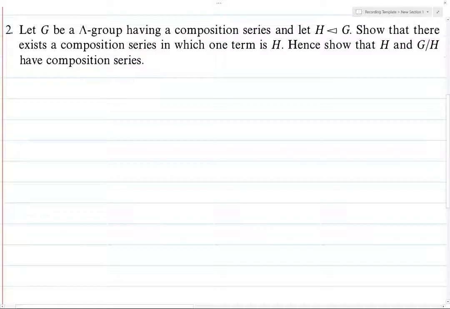But in this scenario, I haven't worked through how you would do this problem for general lambda groups, and my impression is that the proof wouldn't be much more difficult, because all the things like Schreier refinement and Jordan-Hölder, I'm pretty sure still hold for lambda groups, and so there might just be one or two extra little details you have to add in there.